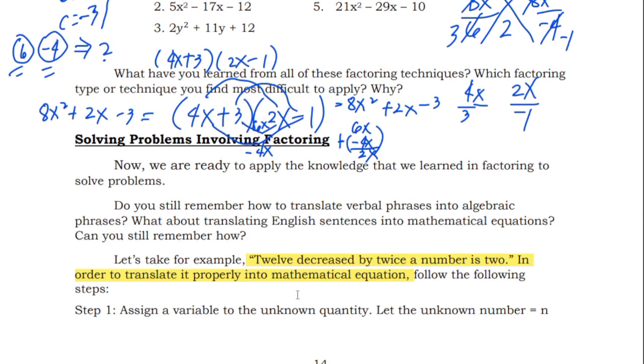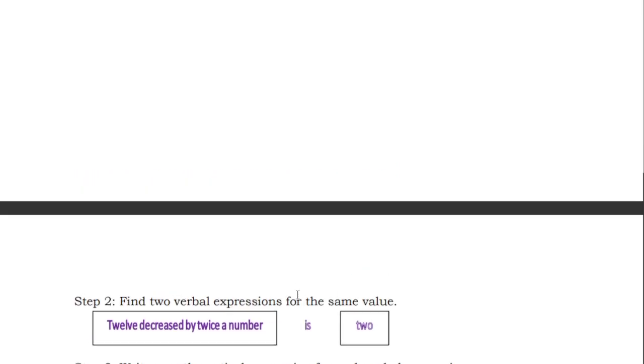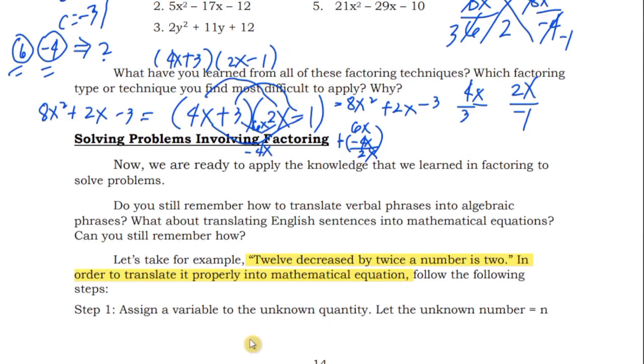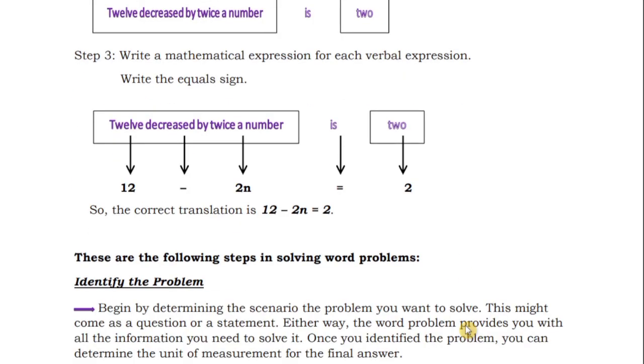In order to translate this, we have 12 minus 2n is equal to 2.